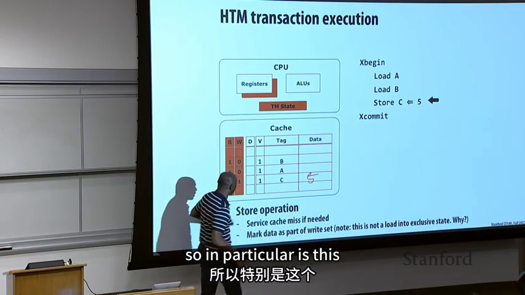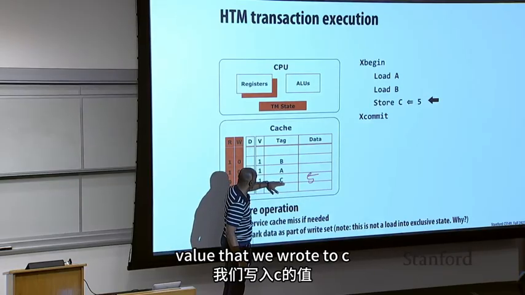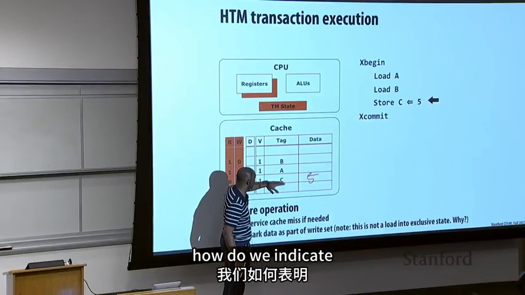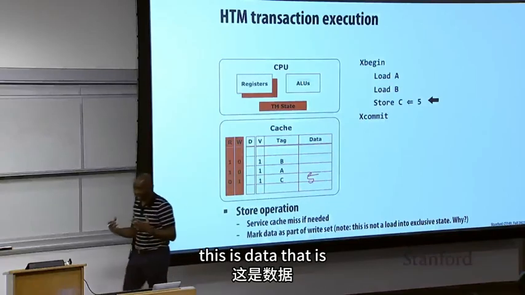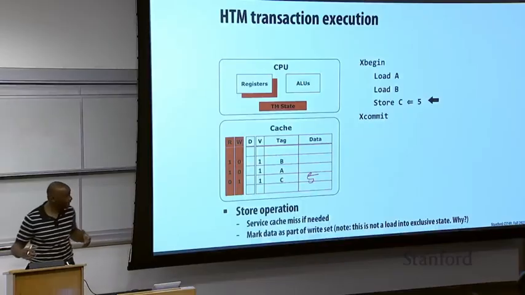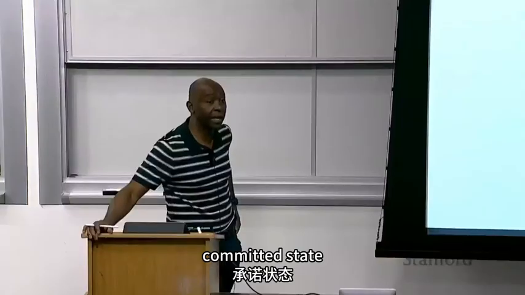In particular, this value that we wrote to C, how do we indicate to the rest of the system that this is data that is actually committed state?